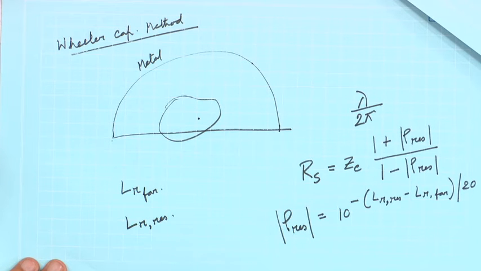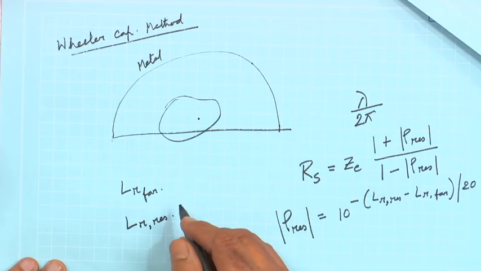So, what is RS? The resistance of the series resonant circuit, as we have already shown. ZC is the characteristic impedance of the feed line in ohm. Rho RS is the voltage reflection coefficient of the resonant circuit, dimensionless.